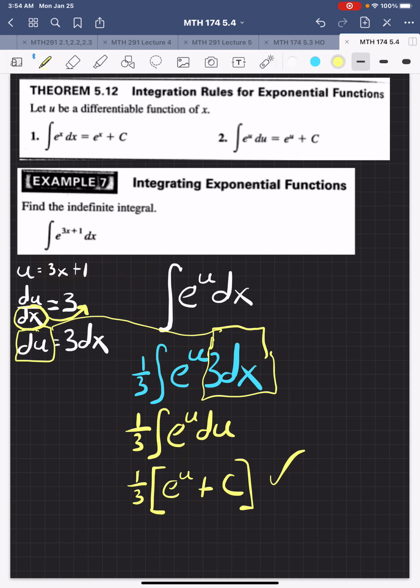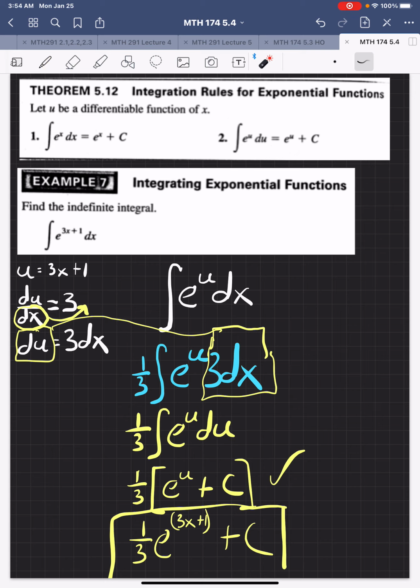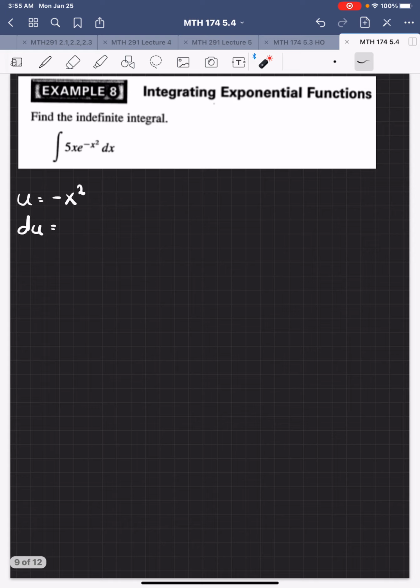Your answer should be in terms of x. So when everything's said and done, it's 1/3 e to the 3x plus 1 plus c. If you leave out the c, then I have to take off points, because if you don't have a c here, then you're telling me that c equals 0. That's what you're really saying. Okay, so that's not the case. Do another one.